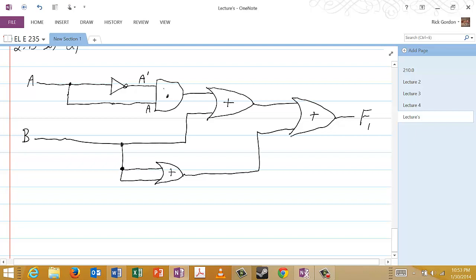So here we have A and A complement going into this AND gate, and we know that any Boolean variable ANDed with its complement will give 0. So the output of that AND gate will always be 0 regardless of the value of A.